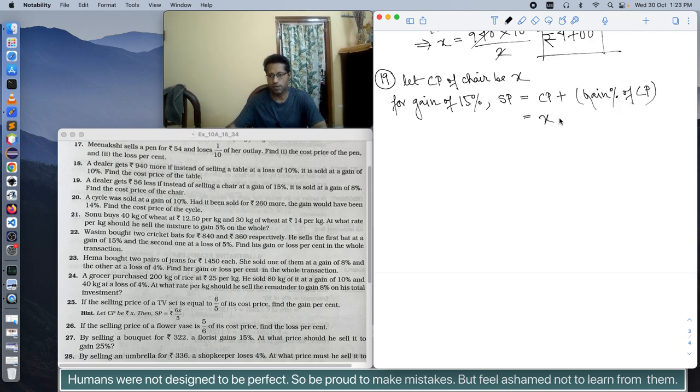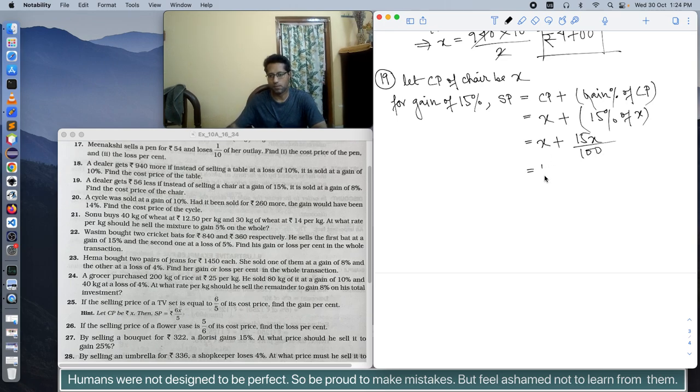This is equal to X plus gain percent, which is given to be 15% of X. This is equal to X plus 15% of X, which is 15X by 100.